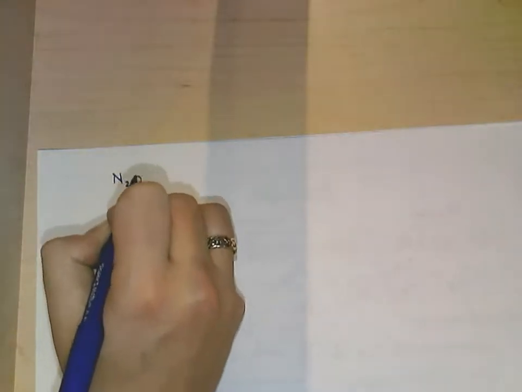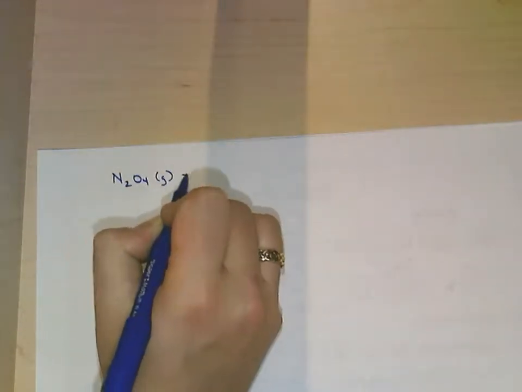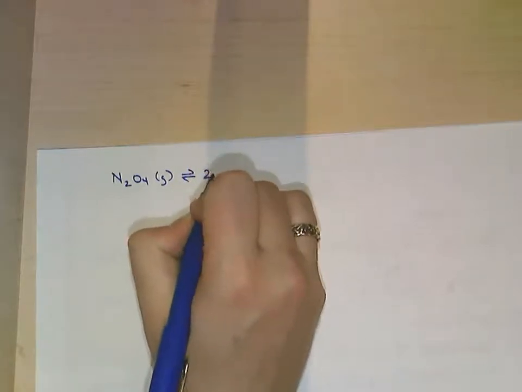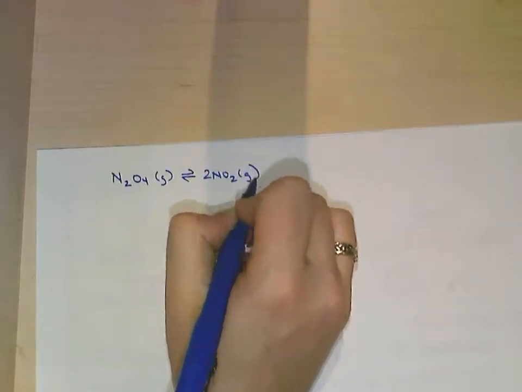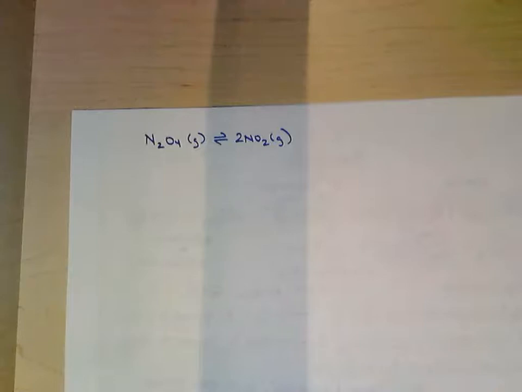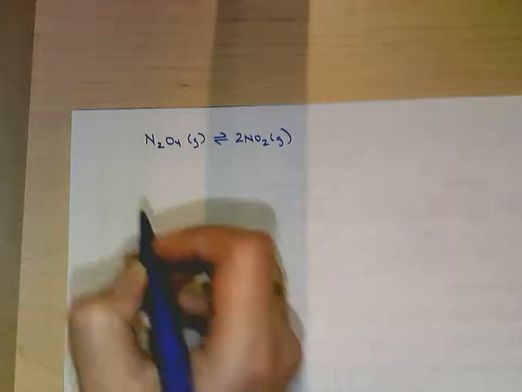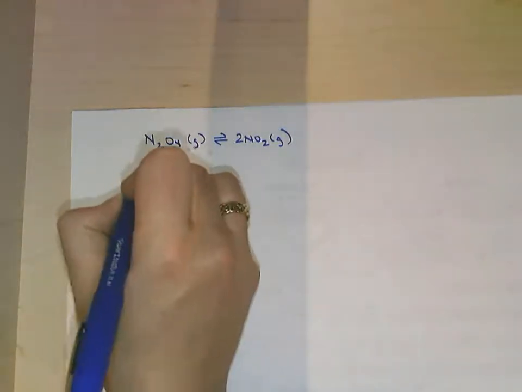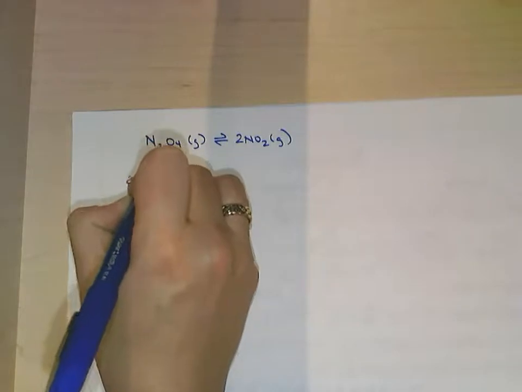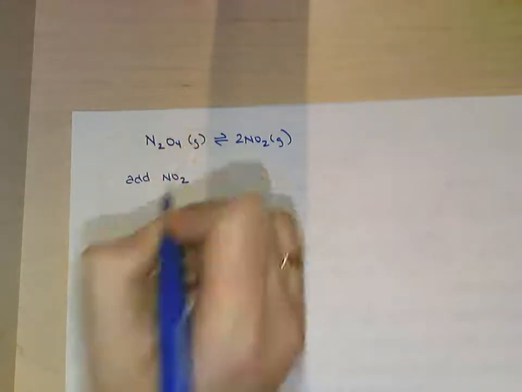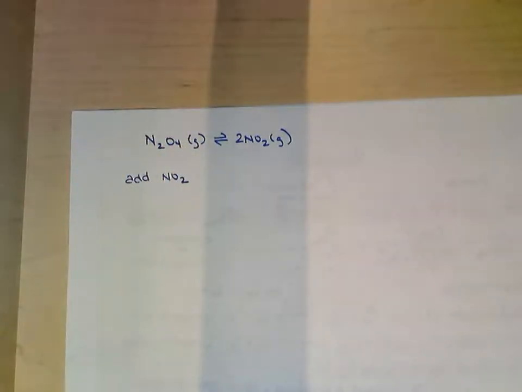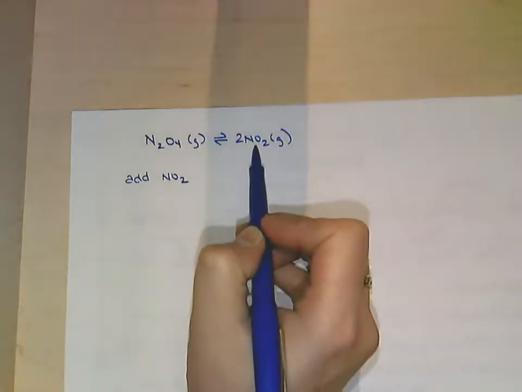Let's say I have dinitrogen tetroxide in equilibrium with 2 moles nitrogen dioxide. What happens if I add NO2 to the system? Well, it will increase the concentration of NO2 and force the reaction to shift left.